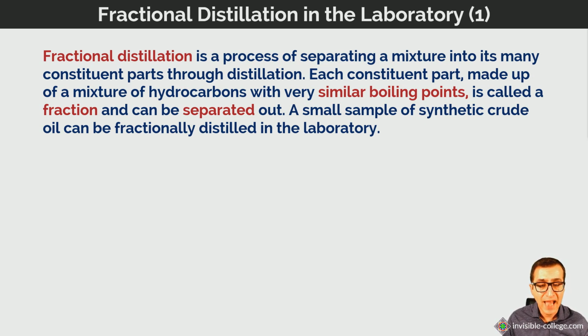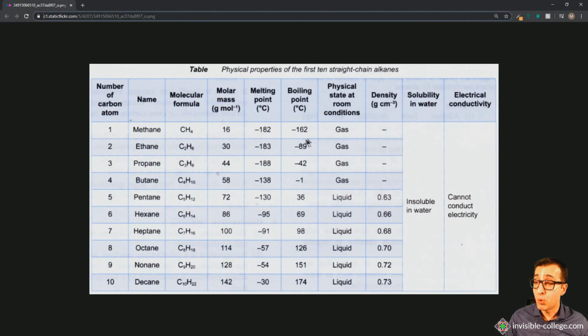So as we saw with the alkanes, each one will boil at a unique temperature, and the reason for this is because each one has a unique level of strength of intermolecular forces between its molecules in the liquid. Now each one will also condense from a gas back to a liquid under cooling at those temperatures. And again, that's because each one of these in the pure form has its own unique strength of intermolecular bonding.